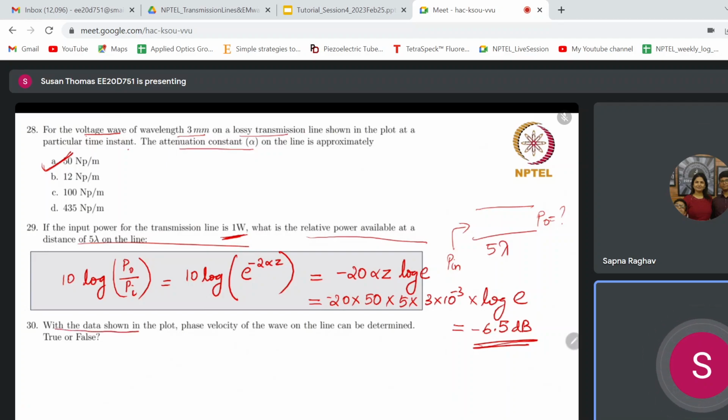With the data shown in the plot, phase velocity on the line can be determined. Is it true or false? So, what is phase velocity of the wave? First thing we need to understand, to find out phase velocity, what do we need? Phase velocity is basically omega by beta. If we know omega and beta, then you can find out the phase velocity.